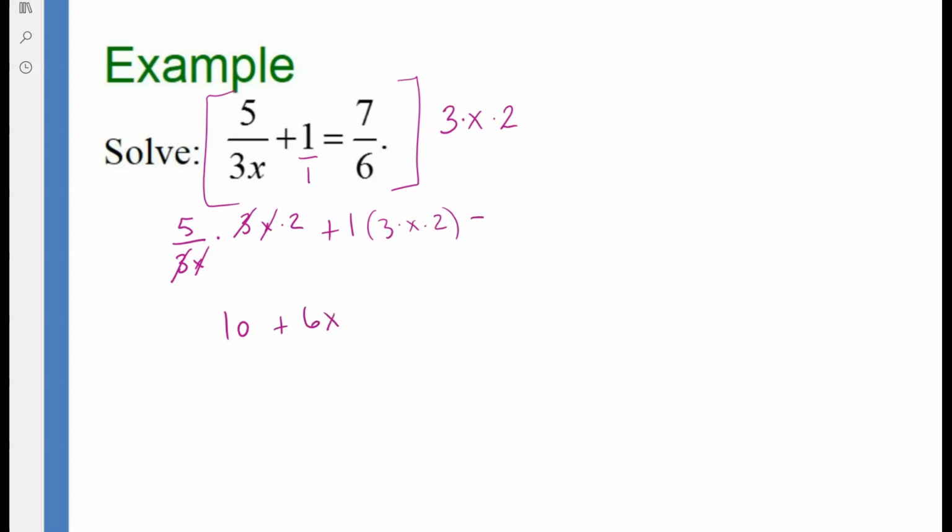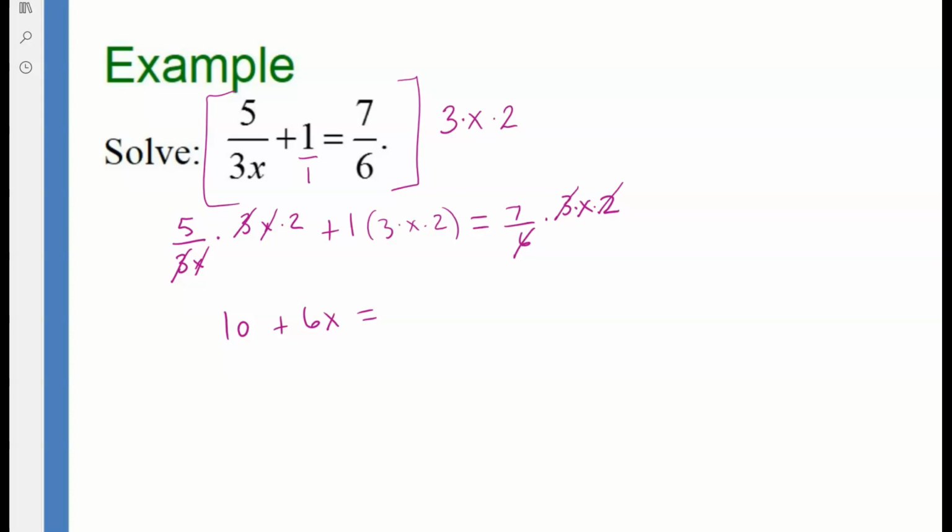Now I put my equal sign and I go to the terms on the right side of the equal sign. So I just have 7 over 6, and that gets multiplied by 3 times x times 2. Those are all multiplied together. So I know the 3 times 2 is 6, so this 6 that's in the numerator is going to cancel with that 6 in the denominator as a factor of 1.